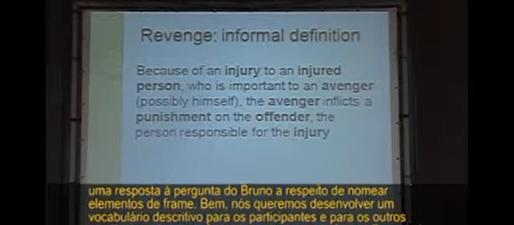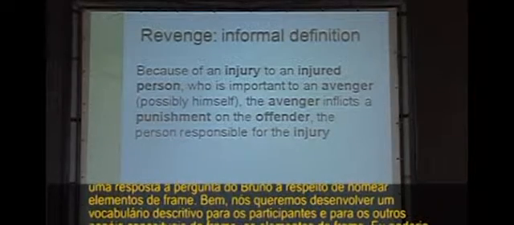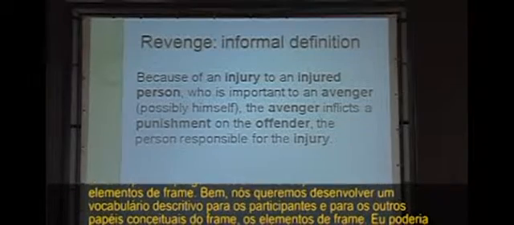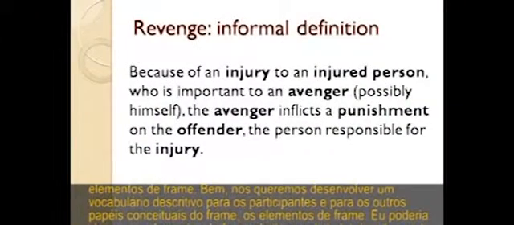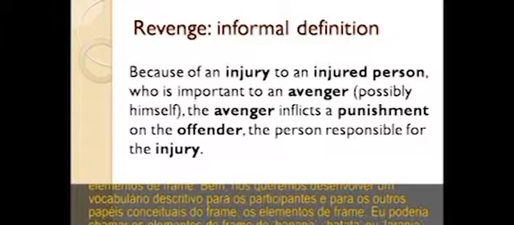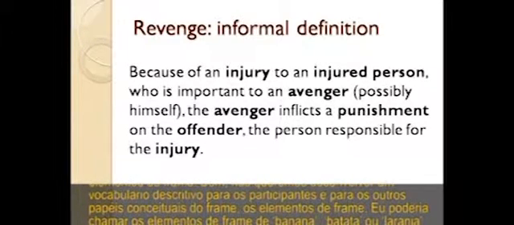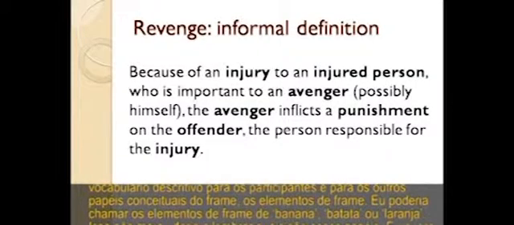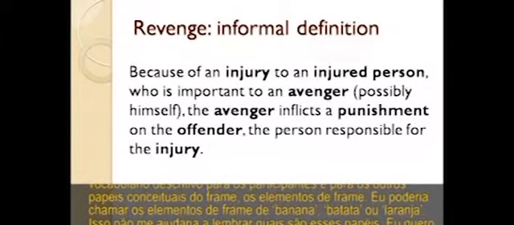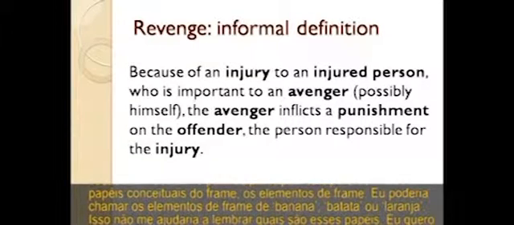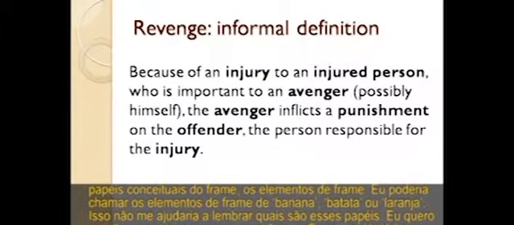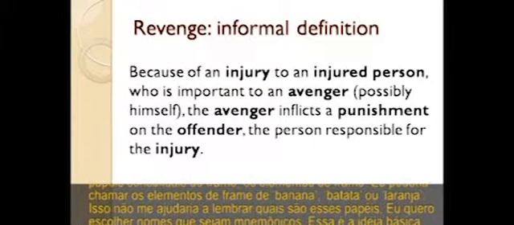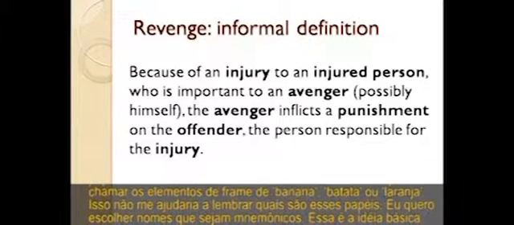Okay, now we get to a little nicer looking definition. Let's call that the informal definition of the revenge frame. Because of an injury to an injured person who is important to an avenger, possibly himself or herself, the avenger inflicts a punishment on the offender, the person responsible for the injury.